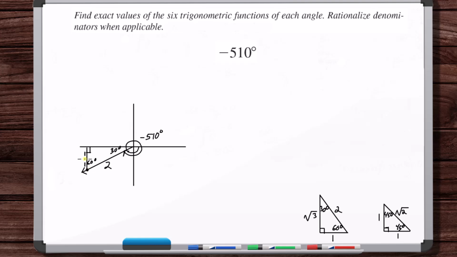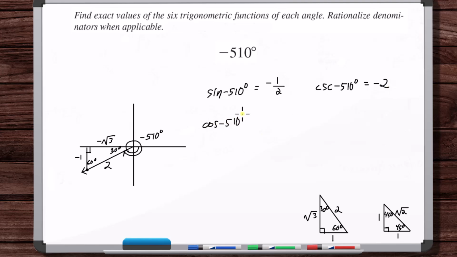So this is 1, this is minus 1, and then minus root 3. So sine of minus 510, opposite over hypotenuse, minus 1/2. Cosecant minus 510, therefore, is minus 2.